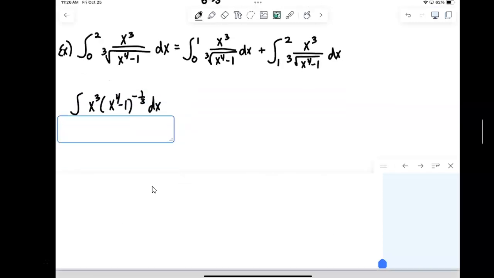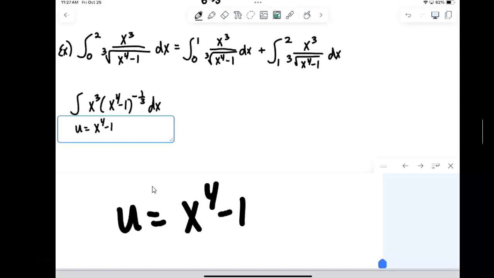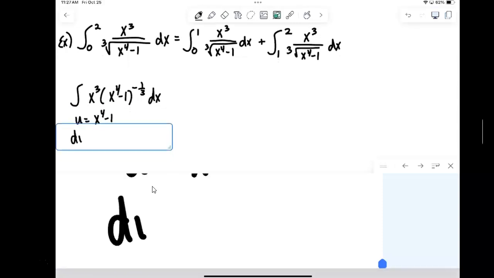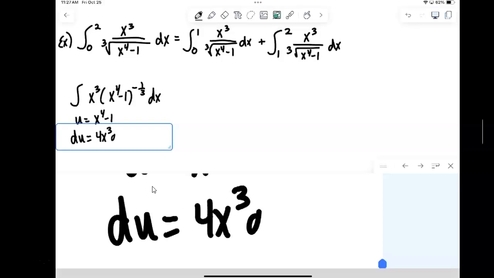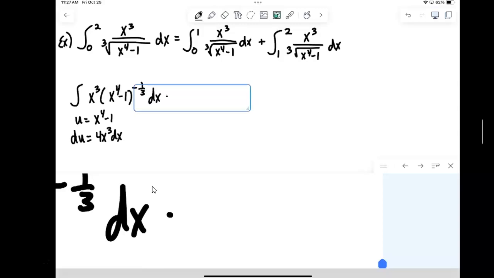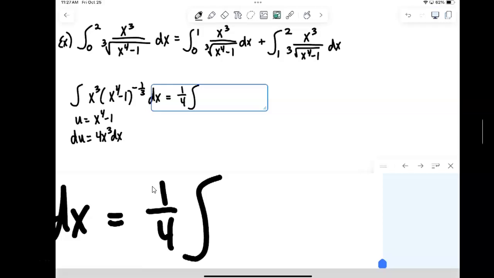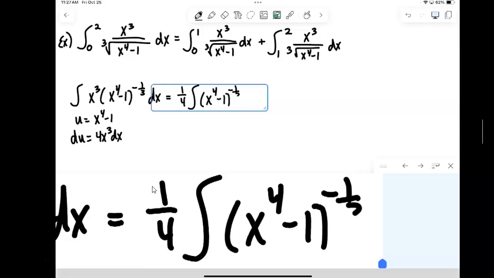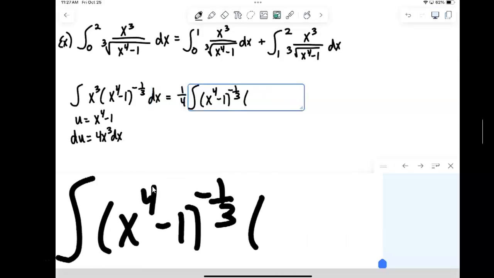And then we recognize we can let u be the inside part, x to the fourth minus 1. Du commands us to have a 4x cubed to go with our dx. Fortunately, we have what we need, so we bring the 1/4 out. We'll have integral of that stuff to the minus 1/3, and we'll have our 4x cubed dx.